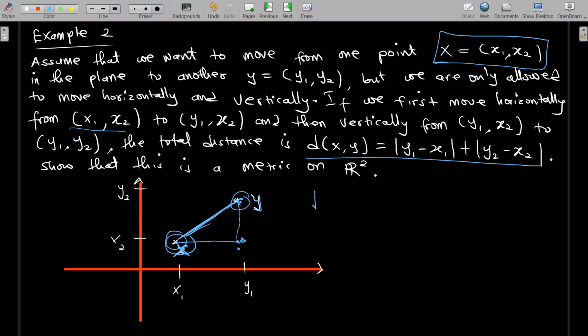The total distance between the points x and y is equal to absolute of y1 minus x1 plus absolute of y2 minus x2.